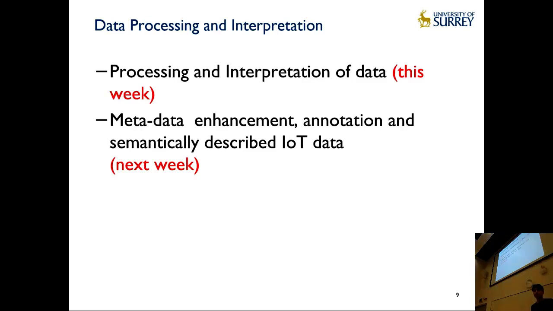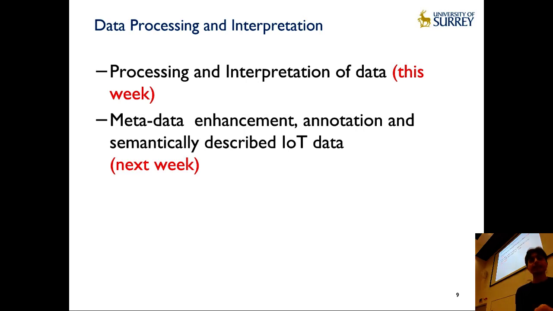This week, we mainly focus on processing and interpreting that data: if I had those data and the parameters, how I can actually use them and for what purposes. Especially on their own, single measurements don't make much sense. I'm interested in the continuation of these numbers, a series of numbers, and how I can put this series together to make sense of them in an application in an algorithmic way.